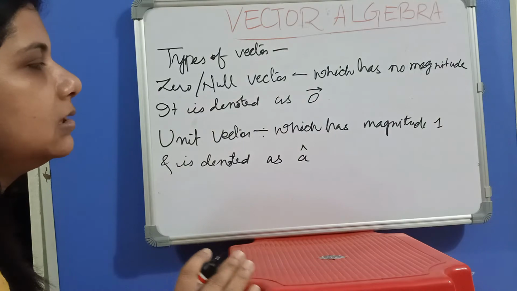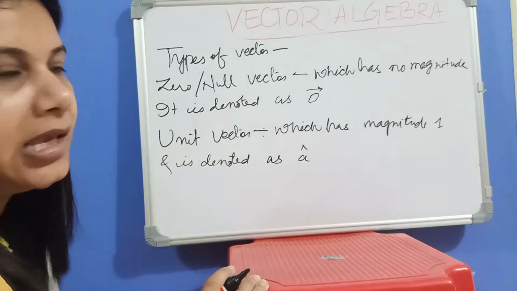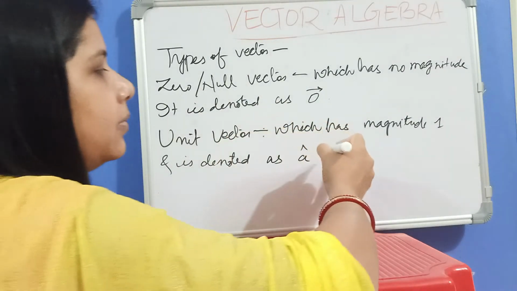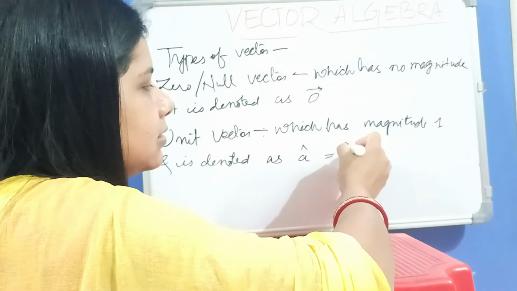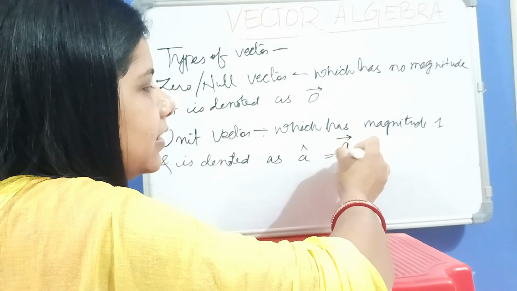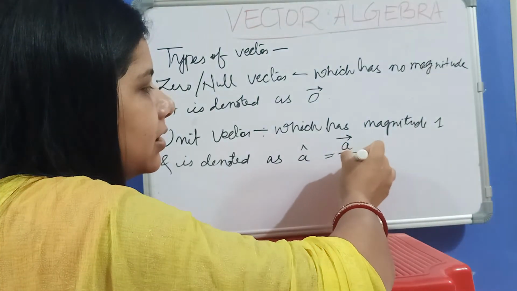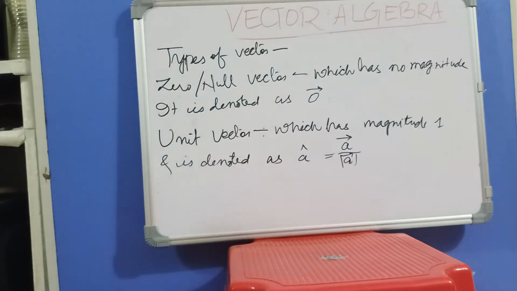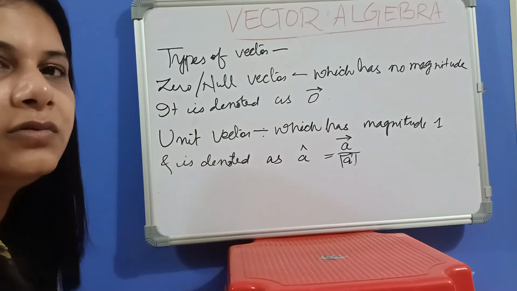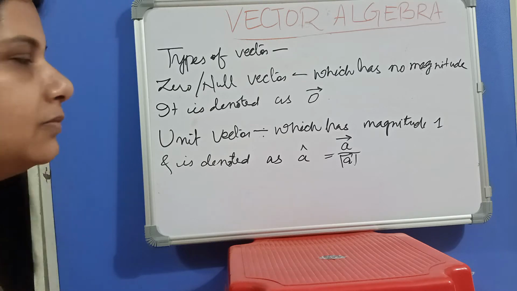So it is read as A cap. So what is A cap? The value is vector A divided by its magnitude. So we can always find out a unit vector along any vector.